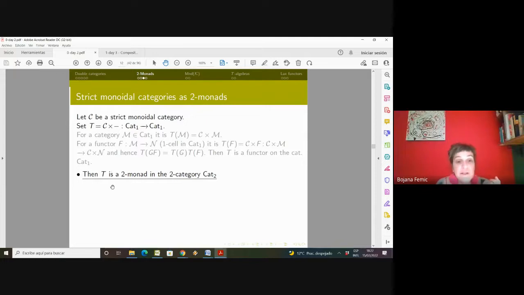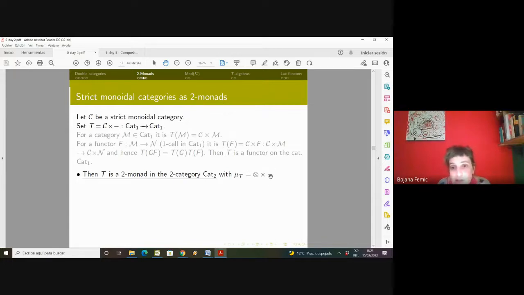Well, then actually T is a two monad in the two category of categories. So we saw how it is a one cell here, so a functor, and the zero cell is this Cat1, the category of categories. And now what about two cells? Well, for mu, we will put the tensor product from our C, which is a monoidal category, and then times something.